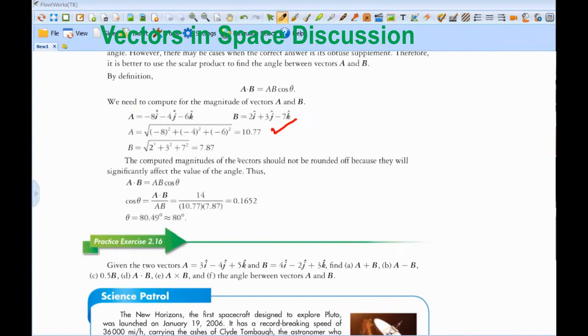So negative 8 squared, 4 squared, 6 squared, square root, you will get this. That's for A. And this, 2, 3, 7, and that's it. So you get 7.87. Now to compute for the magnitudes of the vectors, it should not be rounded off because it will significantly affect the result.